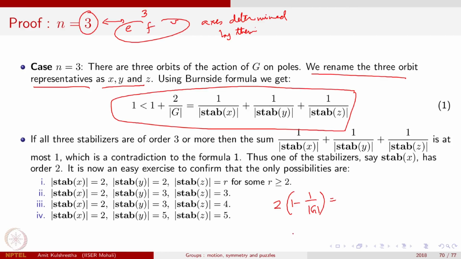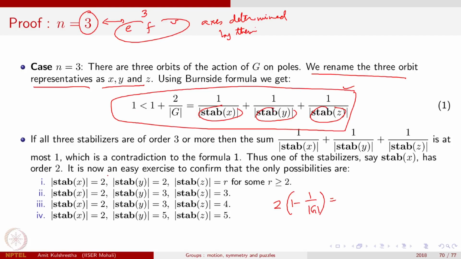So using that you conclude that 1 is less than 1 plus 2 divided by g, which is precisely the sum of reciprocals of sizes of stabilizers. Now here comes an observation. How large could these be? If all of them are greater than 1 by 3, then this quantity will be less than 1. But here it is actually more than 1.